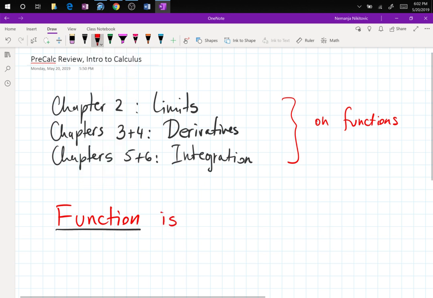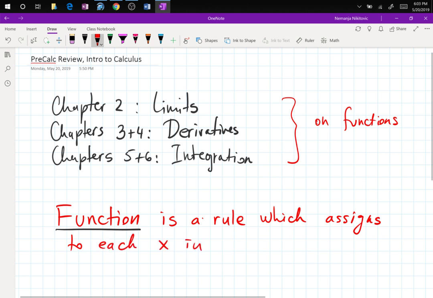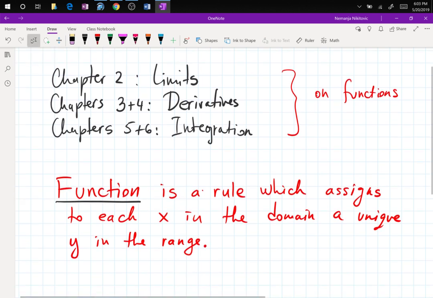Function is a rule which assigns to each x in the domain a unique y in the range.